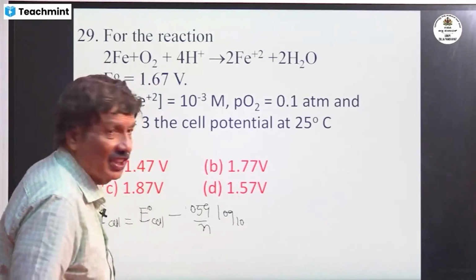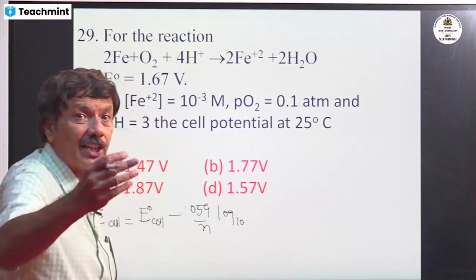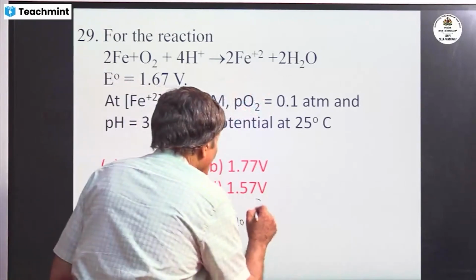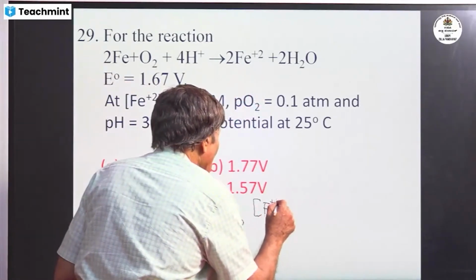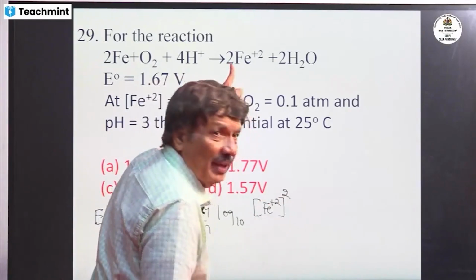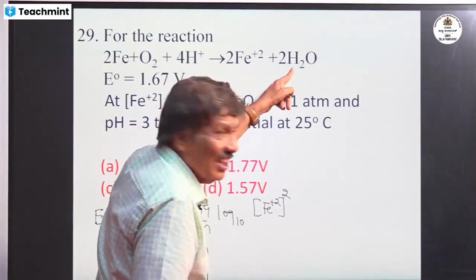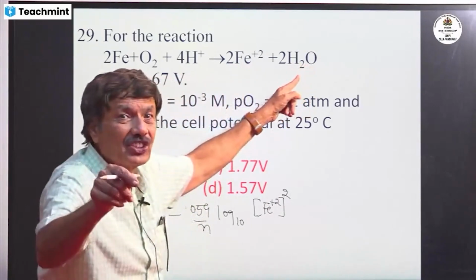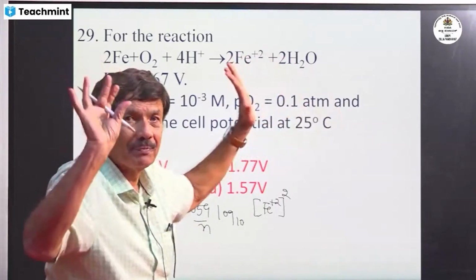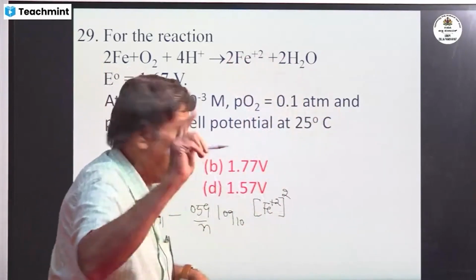See the reaction. What all items come in the numerator? The right side should come in the numerator, no? Fe plus 2 whole square. Water I should leave because it is a pure substance. Solids and liquids, pure substances, you should simply leave; their activity is taken as 1.